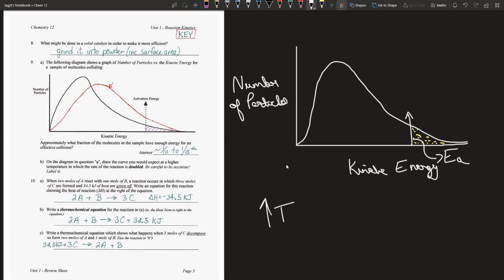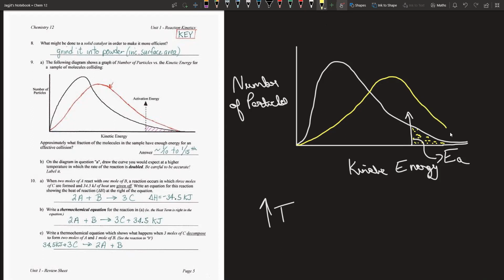It will speed up the reaction. So more molecules will be passing the activation energy barrier, right? What's going to happen is this. I'm going to draw that in yellow. This graph is going to get pushed to the right, and the peak is going to be a bit lower.